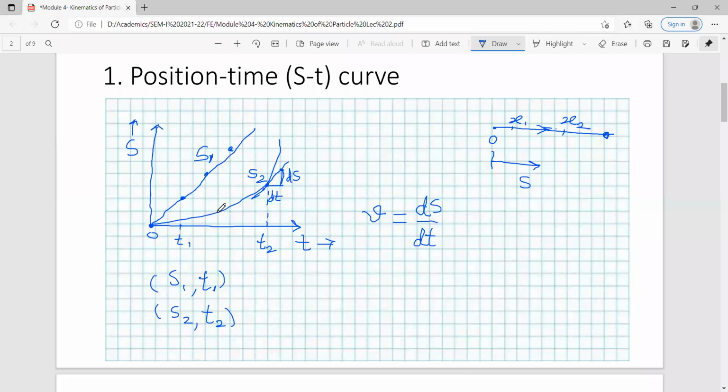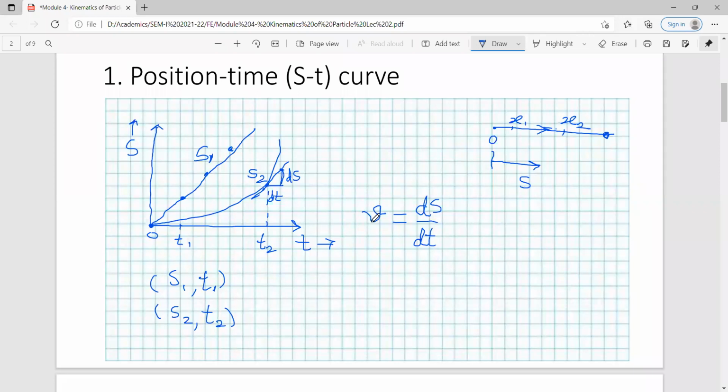Instead it will be a curve like this. So it may be a parabolic curve or hyperbolic curve, whatever, as indicated from the equation of motion. Always remember the definition of velocity.